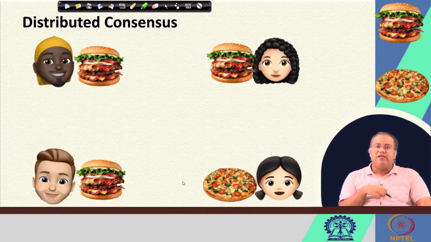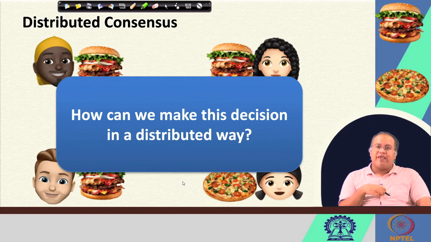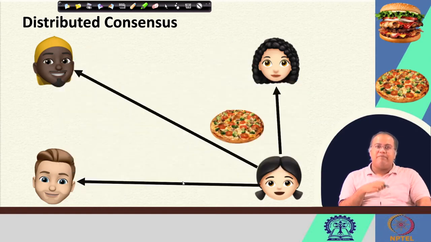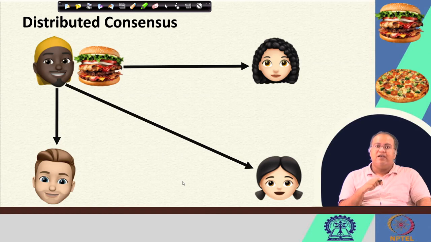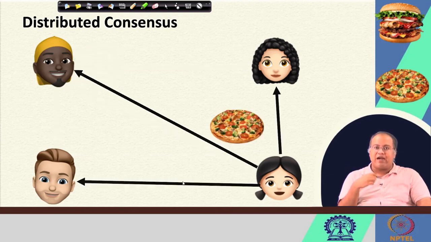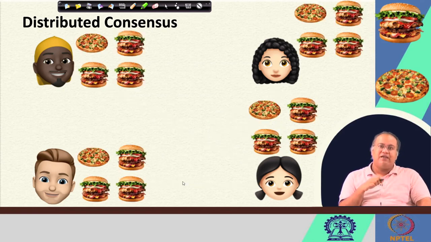So, what happens is that everyone makes a call to others. You make a call to all of your 3 friends and say, hey, I like burger. Similarly, another friend makes a call to others and tells them, hey, I like pizza. That way everyone calls each other and everyone tells his or her choice. Now everyone will get the information from others, right.